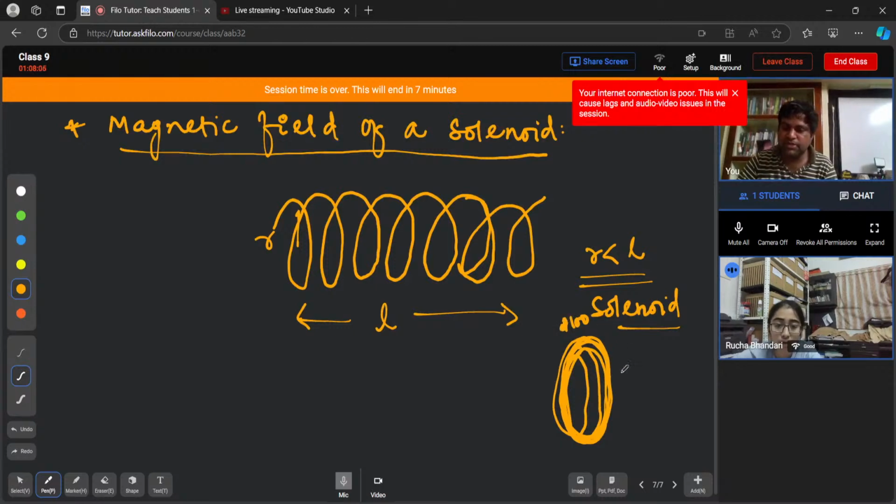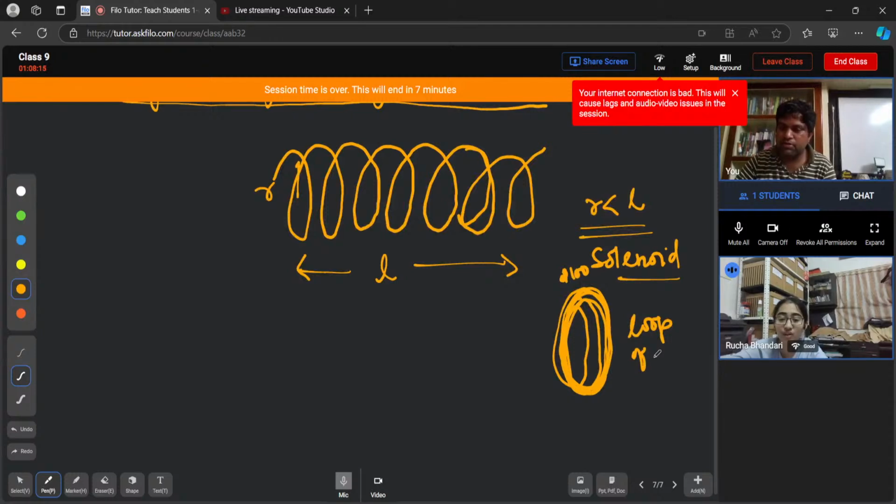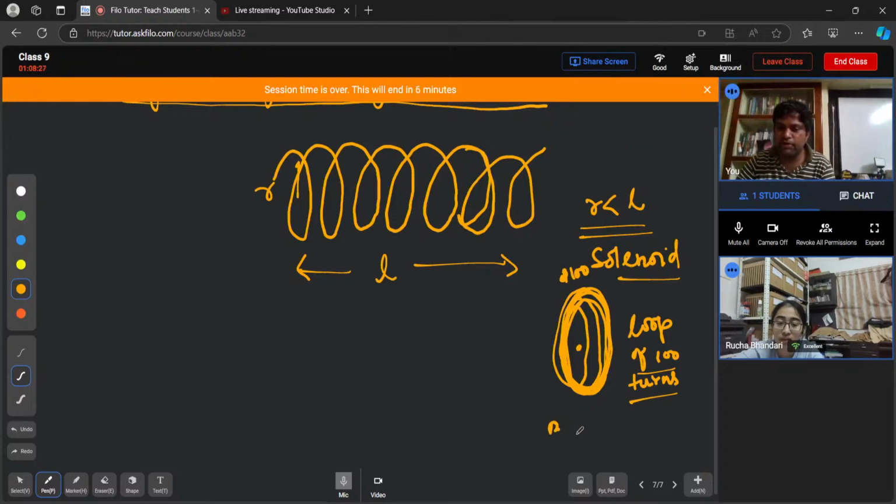This is a loop of 100 turns, not a solenoid. So for a loop of 100 turns, you will use the formula for the magnetic field at the center of the loop, B equal to N mu naught I by 2R.